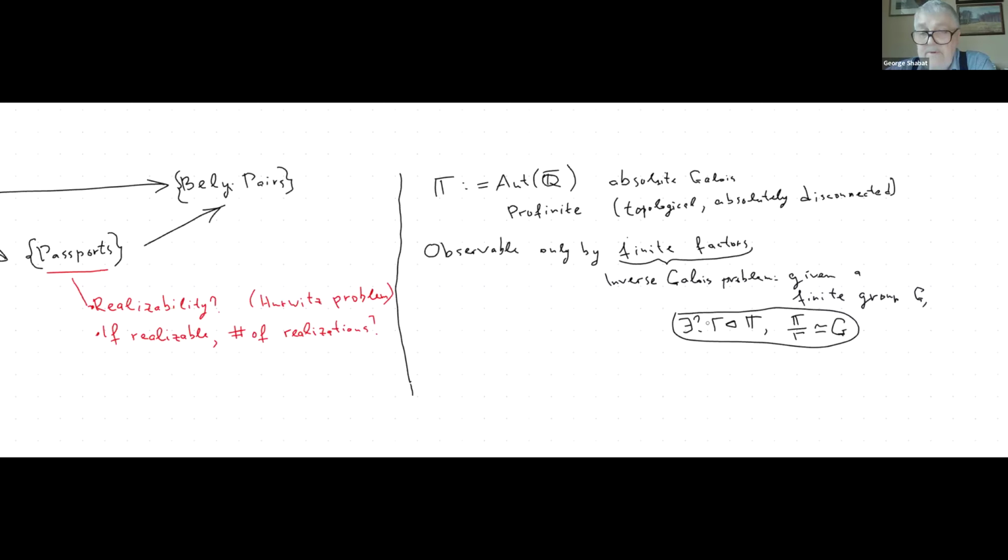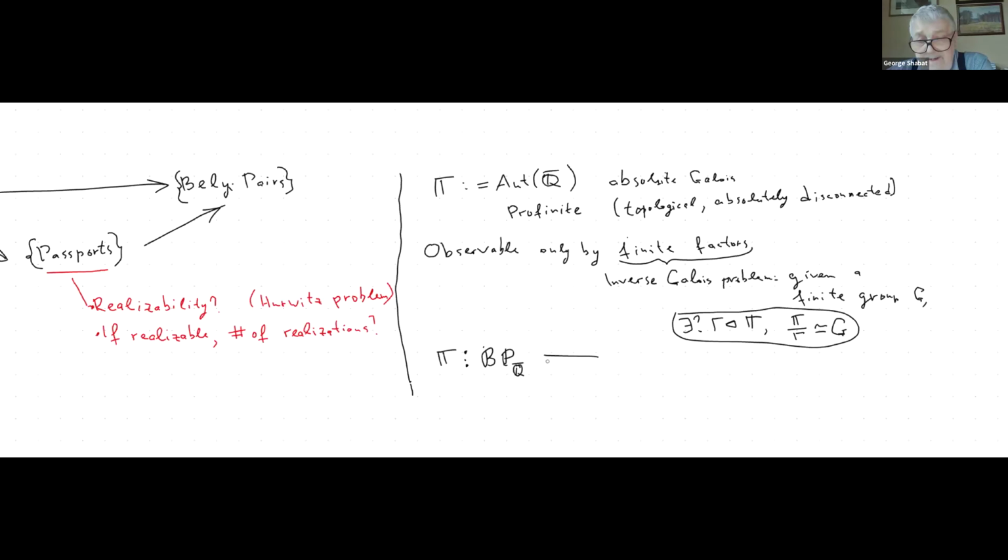Now, what is the relation of this object and the inverse Galois problem with what we are discussing? The relation is as follows. Gamma acts in the obvious way over Q bar, just acting on the coefficients of the equations and on the coefficients of the Belyi function.